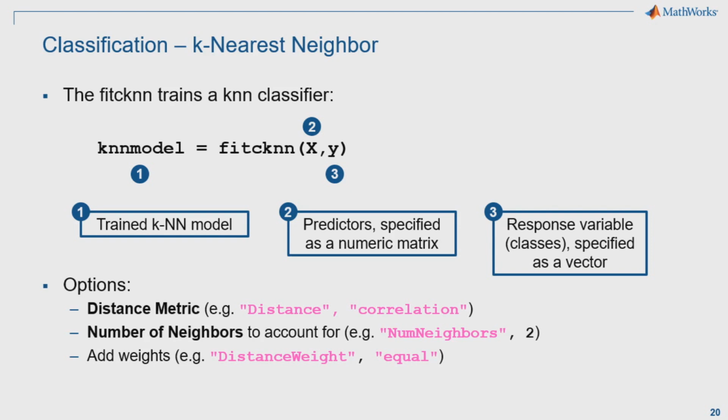There are many options available when you're doing the training of your KNN classifier. One is the distance metric. As I told you, this classification algorithm is completely based on a measure of distance, and by tuning this distance metric you can obtain different behavior.